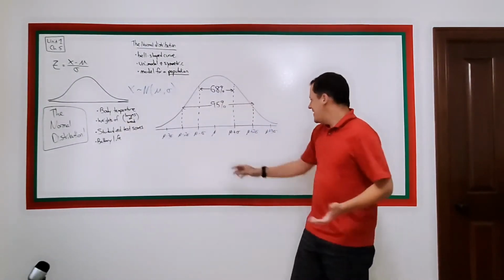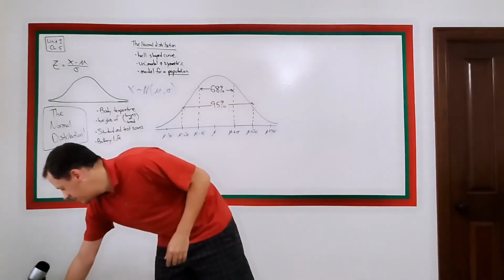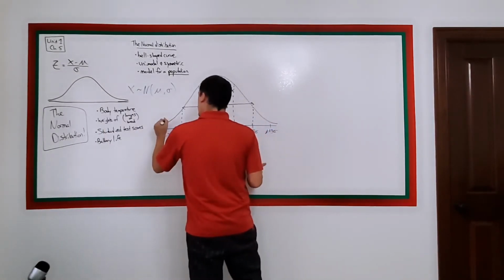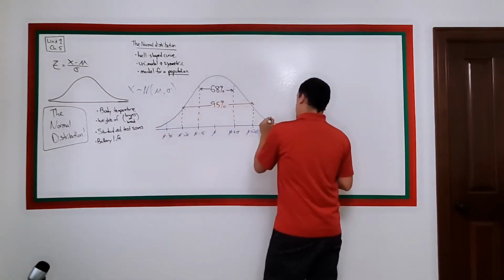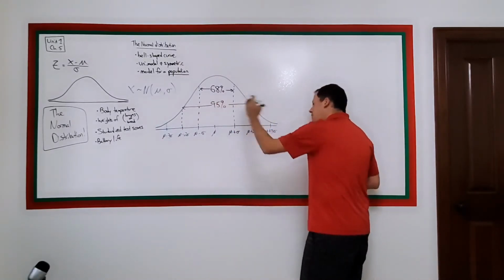There's still one left, right? Let's go even further. 3 standard deviations on each side. Three standard deviations on each side, we're going out even further, an even bigger percentage.